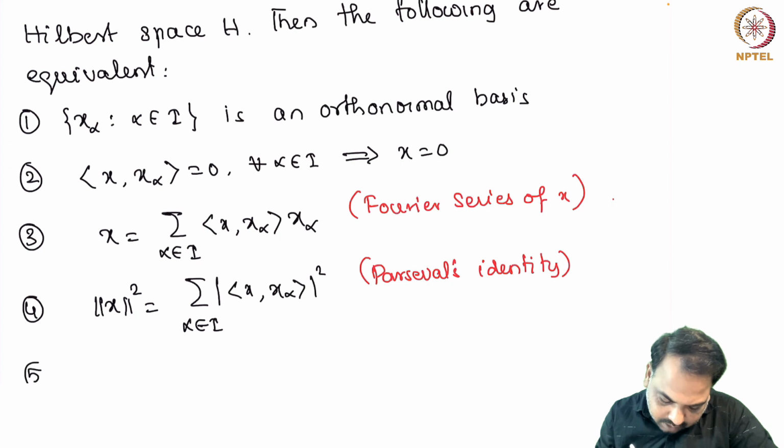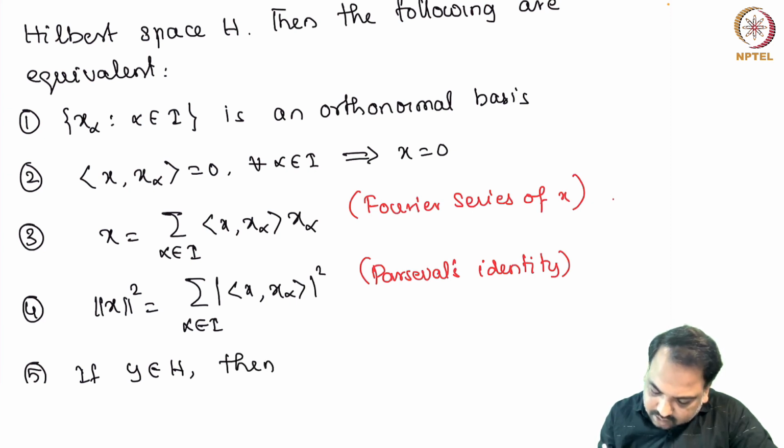And the last one is, if y is another element of H, then the inner product of x with y can be written as summation over alpha in I of inner product of x with x_alpha multiplied by the conjugate of inner product of y with x_alpha.